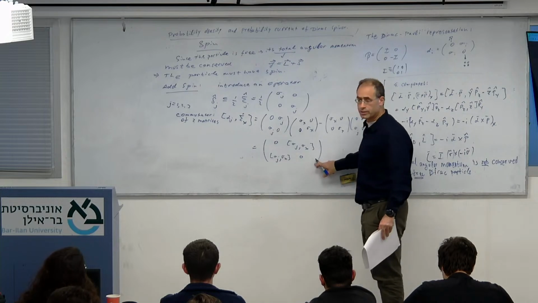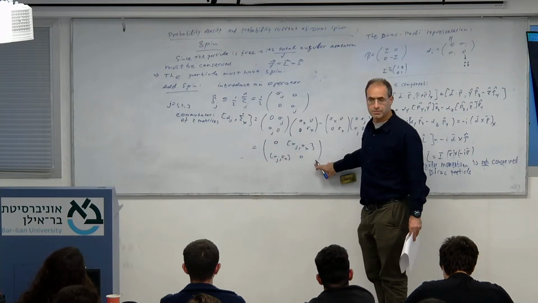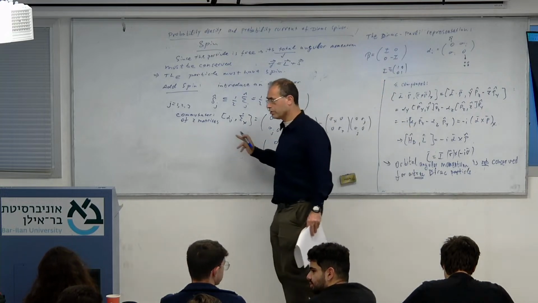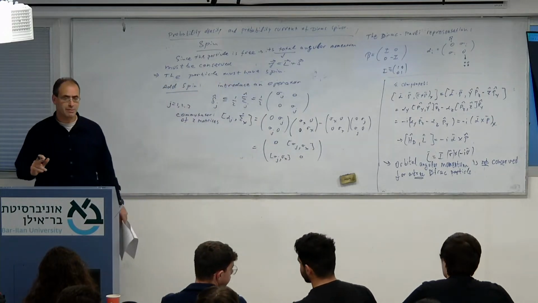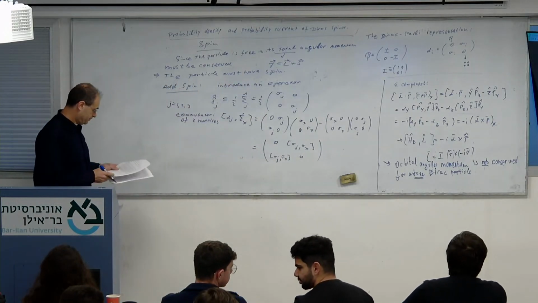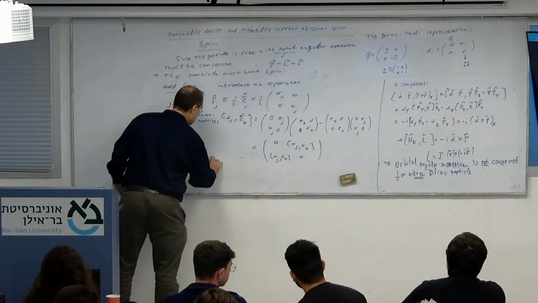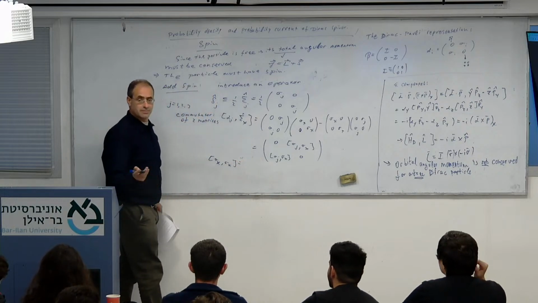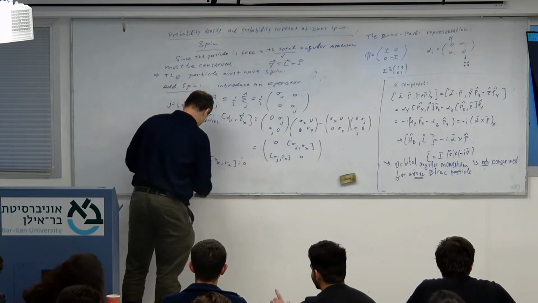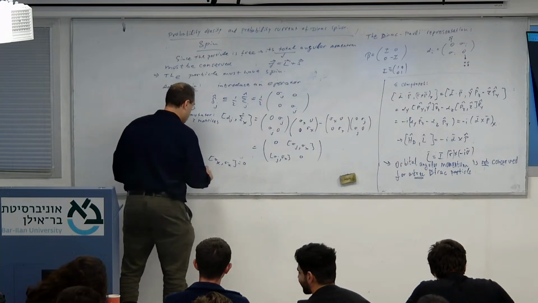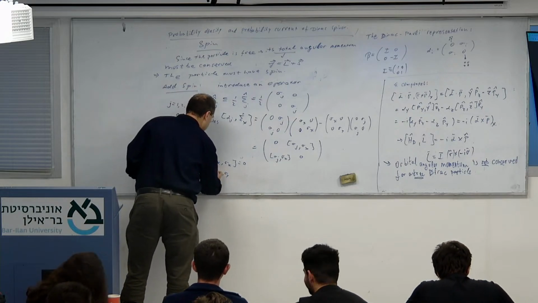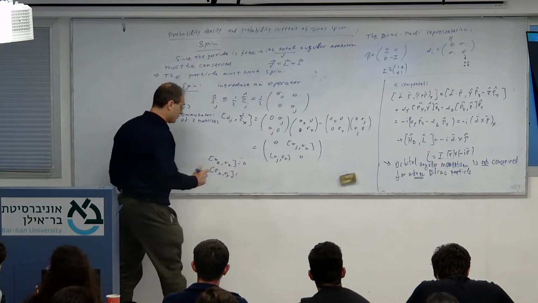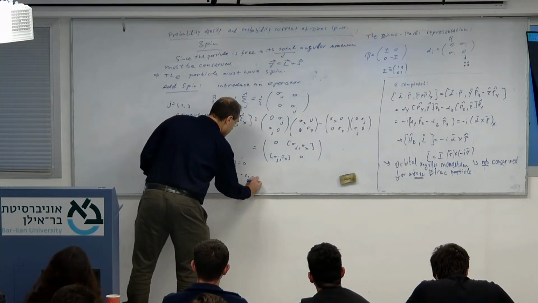Now we know the commutation relation of the Pauli spin matrices. Then we have that sigma x commuting with sigma x is 0, and sigma x and sigma y is sigma x sigma y minus sigma y sigma x, which is 2i sigma z.